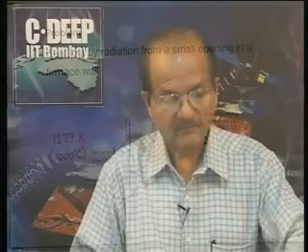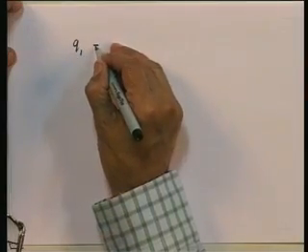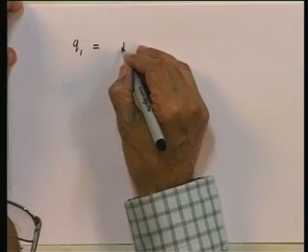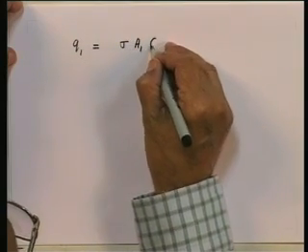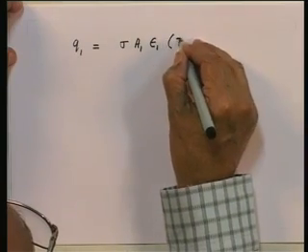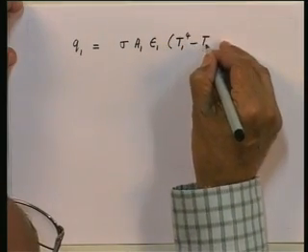It is a situation in which F1-2 is going to be 1, and F2-1 is going to be A1 upon A2. Therefore, for this particular problem, which we have idealized as follows, we can say Q1 is equal to the expression which I just showed you a moment ago, sigma A1 epsilon 1 (T1 to the power 4 minus T2 to the power 4).